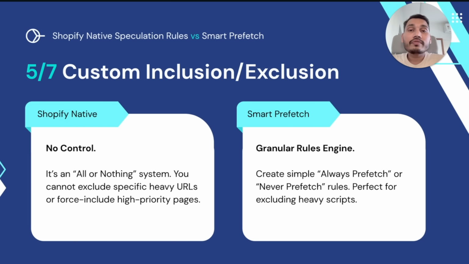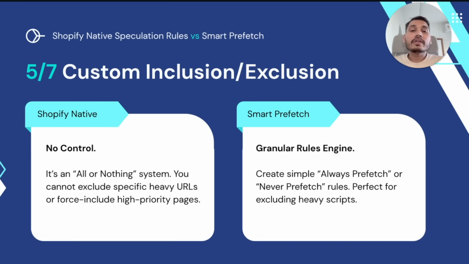And based on your data, if you see most of the people check the return policy or go to the size guide page every time they see a product, then probably that is something which you want to always prefetch, and don't want users to hover on the link to start prefetching, right? In these cases, you won't be able to specify any of this in the Shopify native platform.